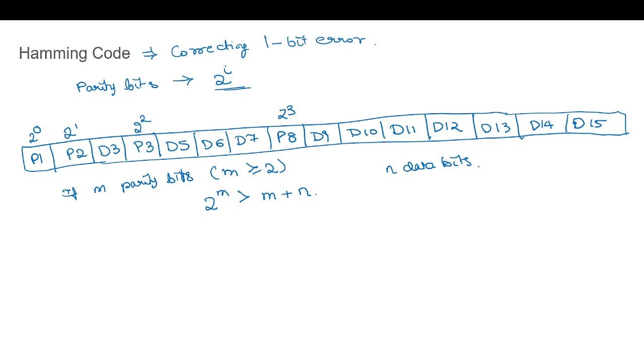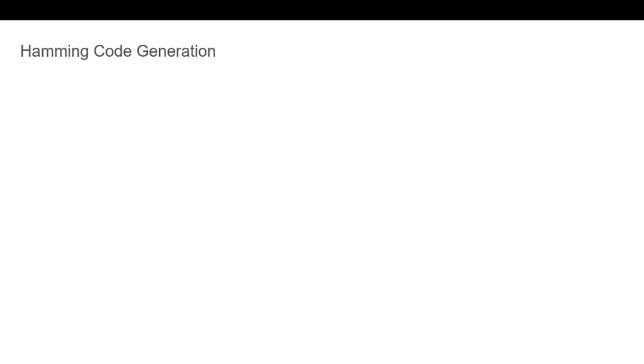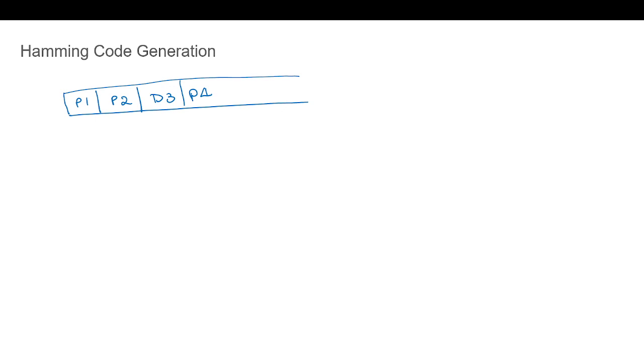Now we will see how to generate the parity bits. For example, we will take a small number: P1, P2 should be parity, then it can be data D3. Again, this will be at the 2 to the power i position, P4, D5, D6, D7.